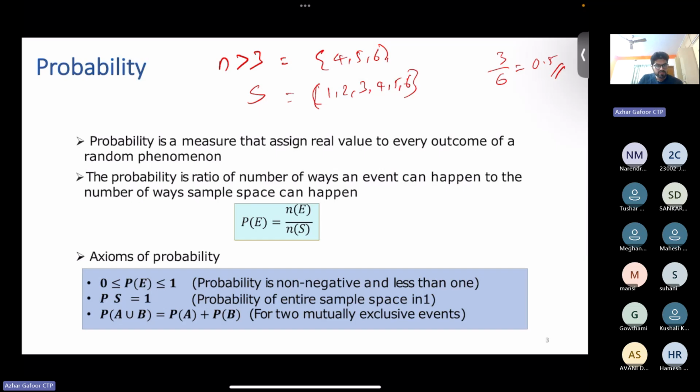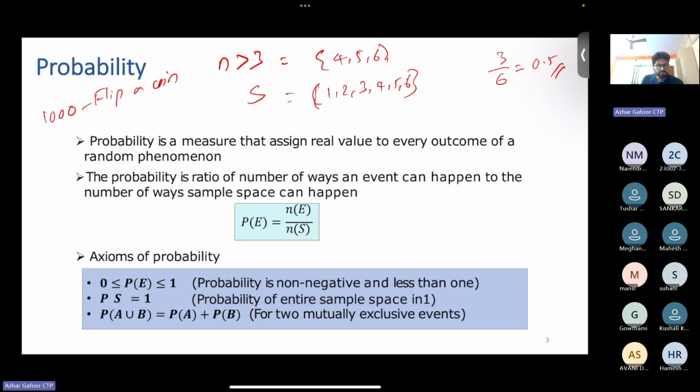So in the frequentist approach, the normal idea is, let's say we have a coin and we want to see what is the probability of getting a head. We do the experiment a number of times, let's say 1,000 times.